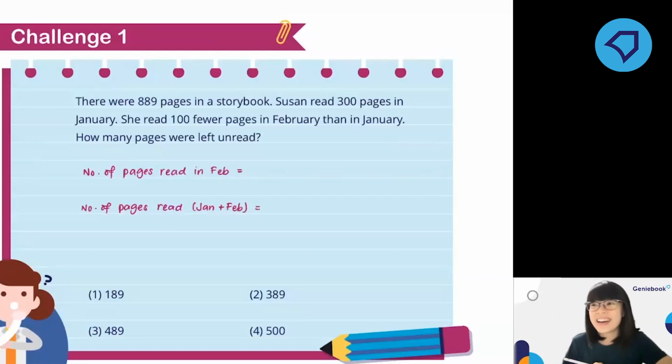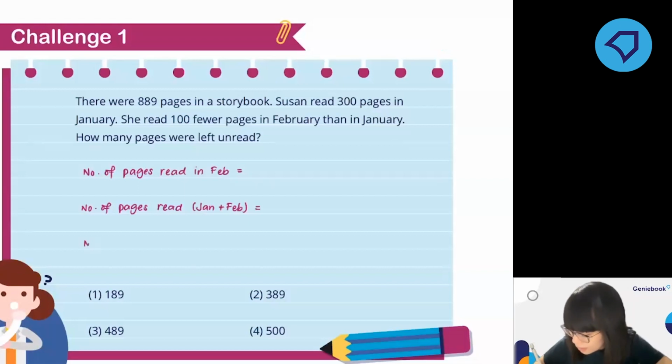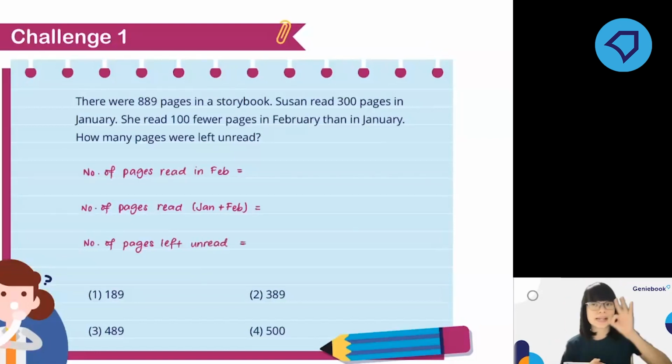Okay, all right. And then finally, you need to find the number of pages left unread. Okay, so this one is 3 steps. You have 40 more seconds to key in the answer if you have not done so.